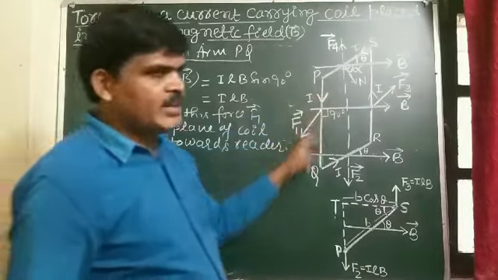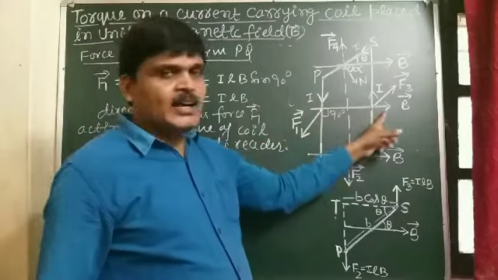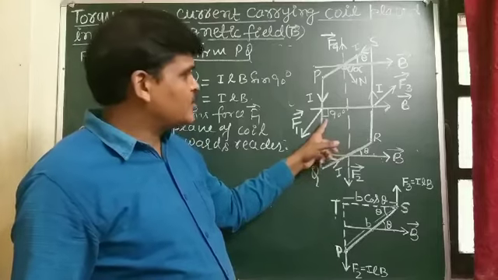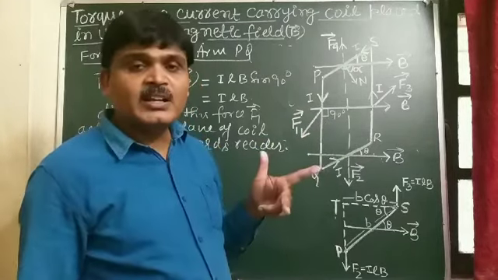So here length, current element vector PQ and magnetic field are perpendicular to each other. So direction of the force on arm PQ can be determined by Fleming left hand rule.